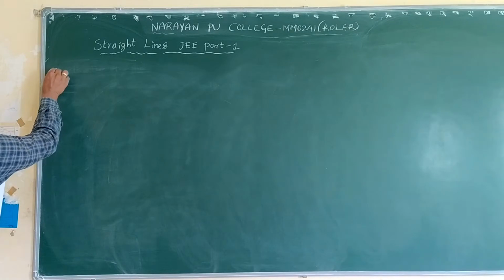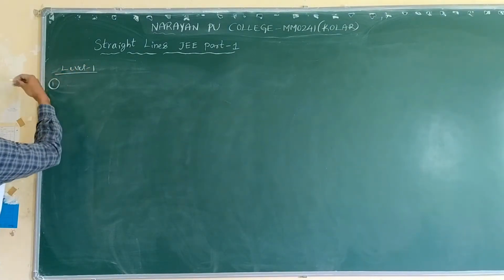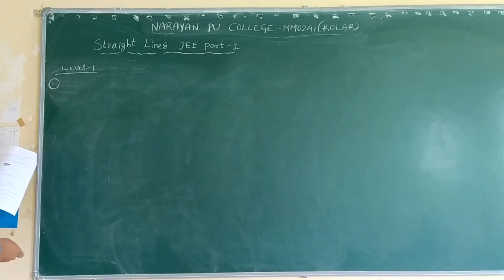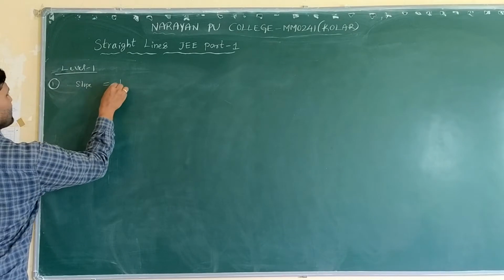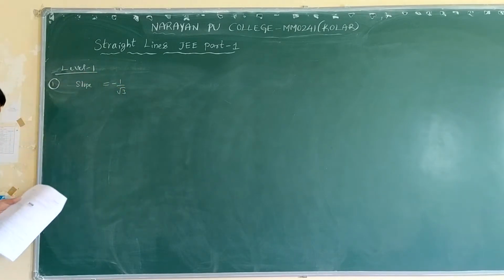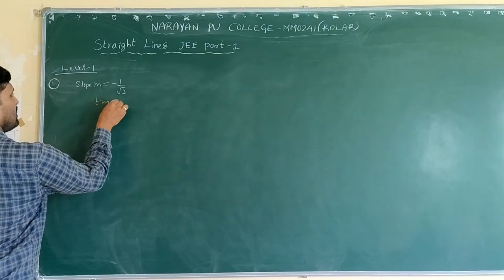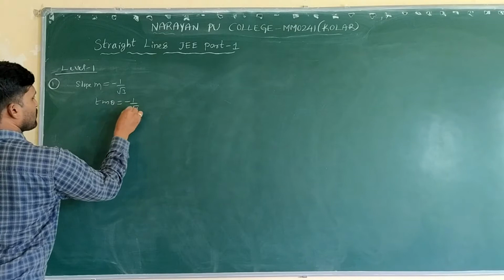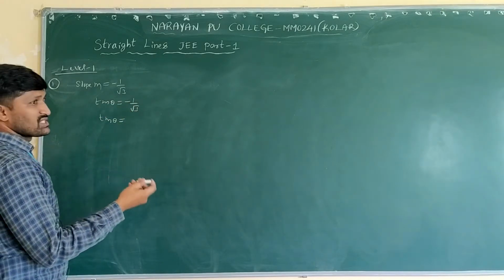Here, for example, based on inclination in level 1, the question is: the inclination of a line having slope minus 1 by root 3. We need to find the inclination, that is, theta. Here slope is m, and m is nothing but tan theta. So tan theta is equal to minus 1 by root 3. At which angle?